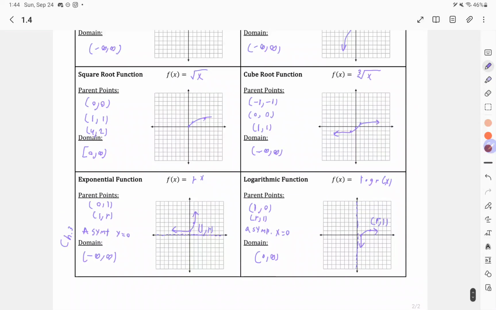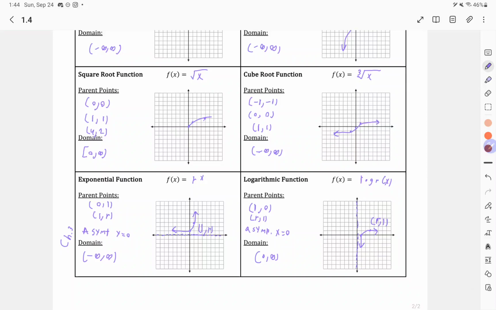Exponential functions, right? They have asymptotes. So x asymptote 0, y asymptote 0. They have asymptotes that guide where they should fall along.